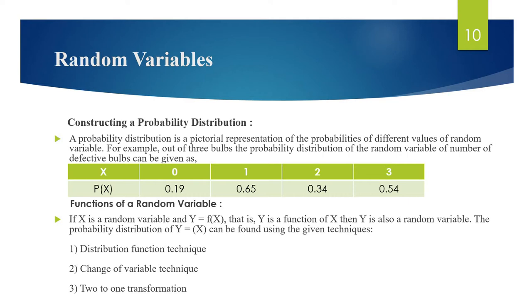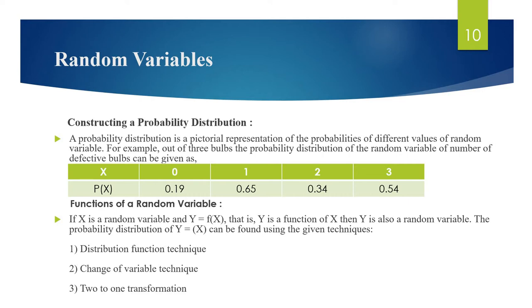So next is constructing a probability distribution. A probability distribution is a pictorial representation of the probability of different values of random variables. For example, out of 3 bulbs, the probability distribution of the random variable of number of defective bulbs can be given as shown.